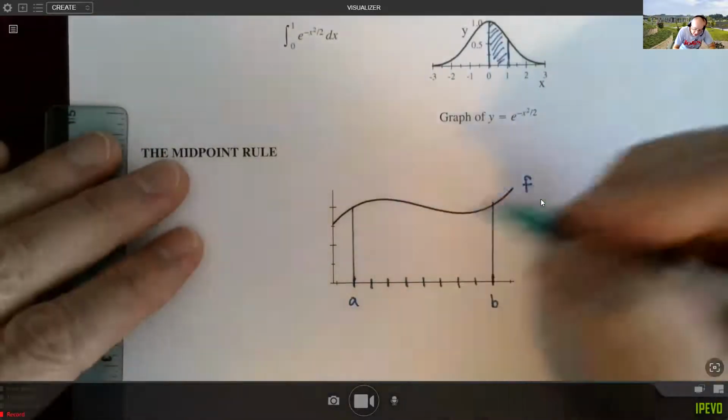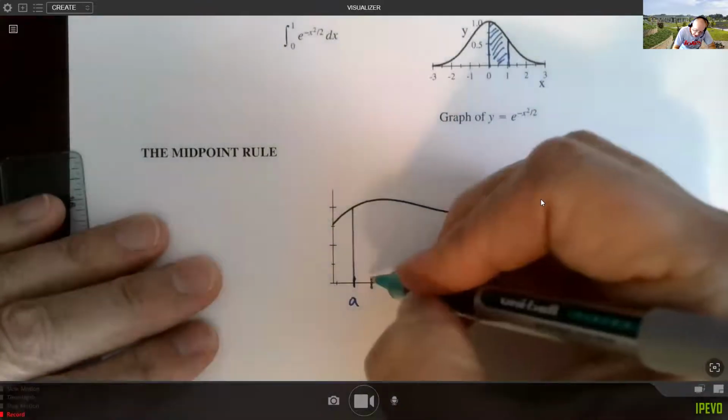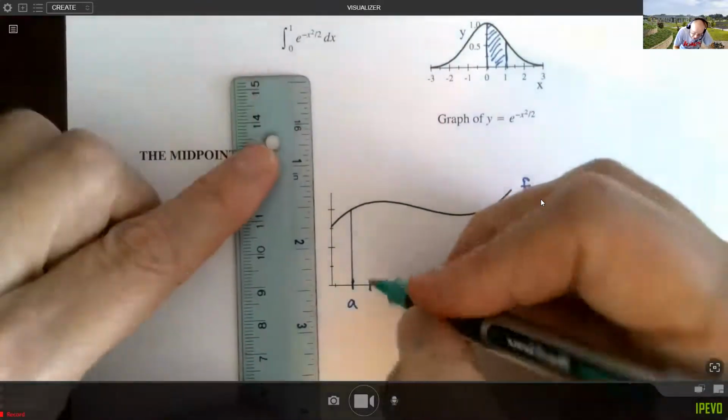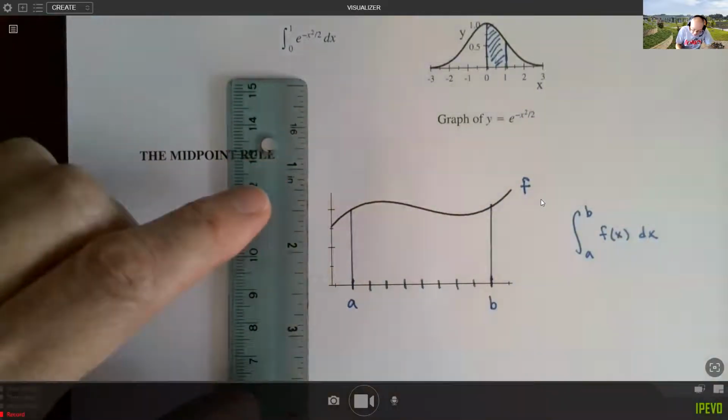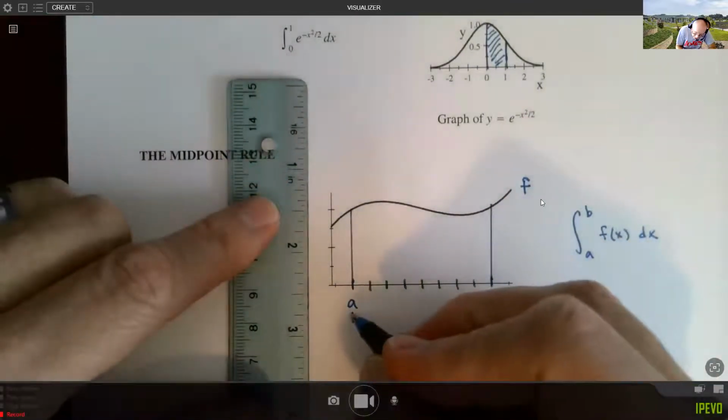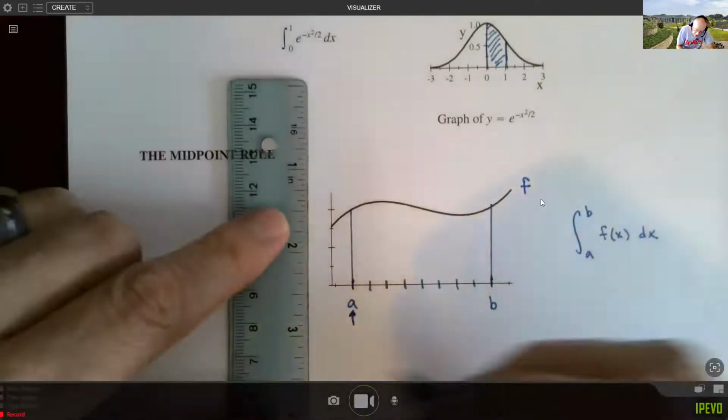But for each one, to do the midpoint, the height of our rectangle is going to be determined by the midpoint. If you remember, we've used the notation when we were talking about the left and right hand sum approximations.